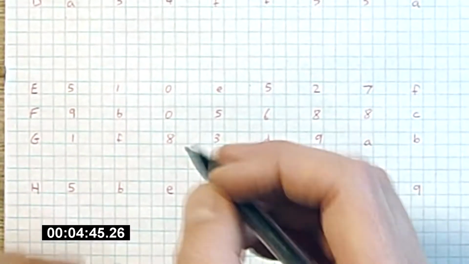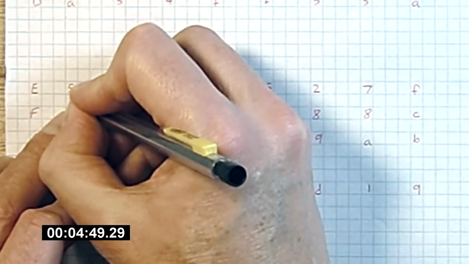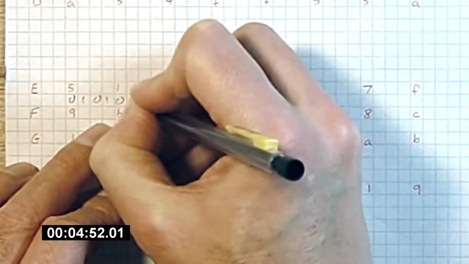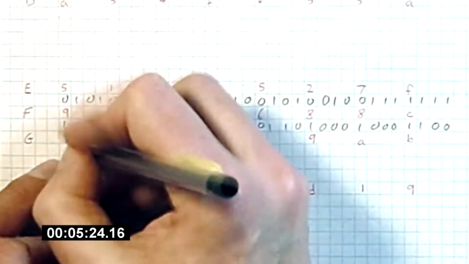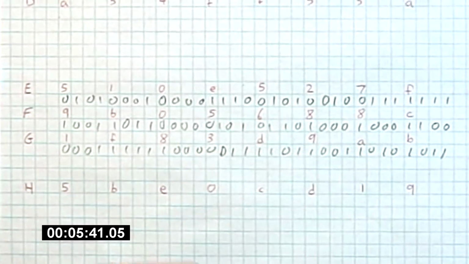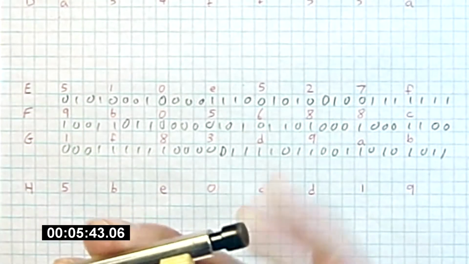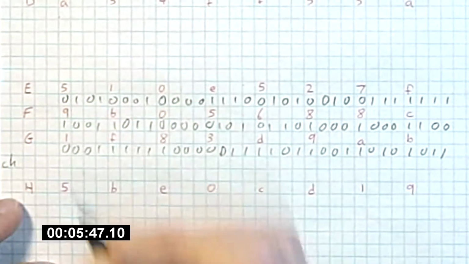Now we're going to move down and look at EFG. We're going to convert these to binary. 5, 0, 0. Now we're going to combine E, F, and G in an interesting nonlinear way, which is called the choosing.